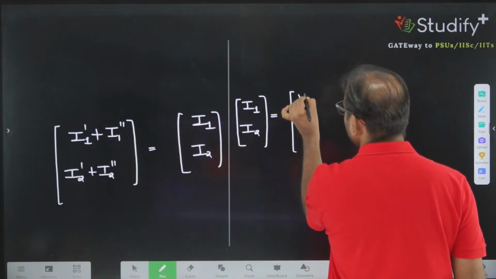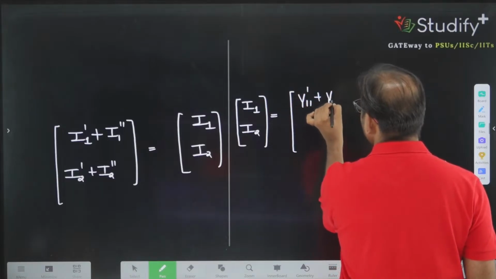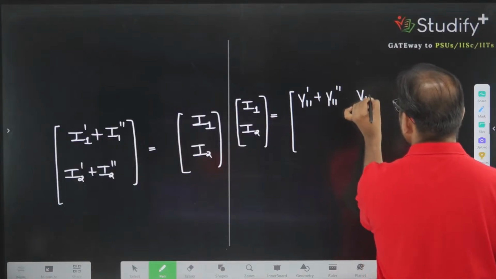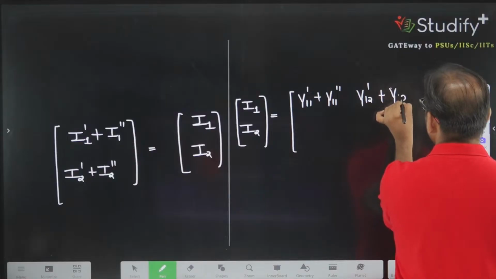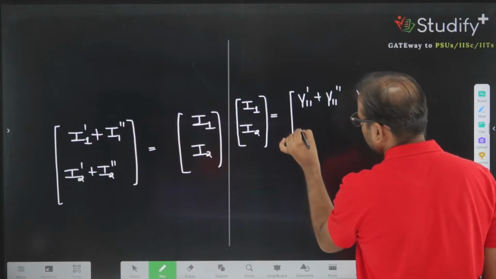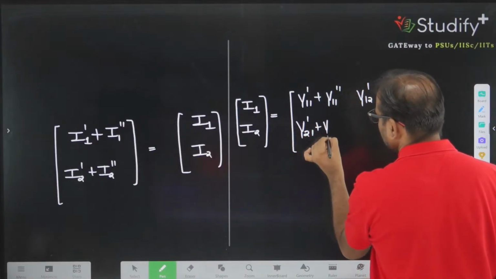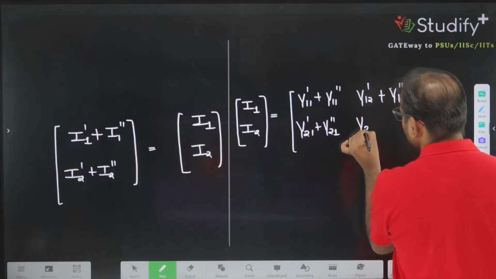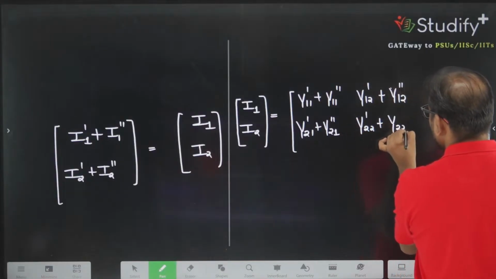So you can say this value will be Y11 prime plus Y11 double prime, Y12 prime plus Y12 double prime. Then we are having Y21 prime plus Y21 double prime, Y22 prime plus Y22 double prime.